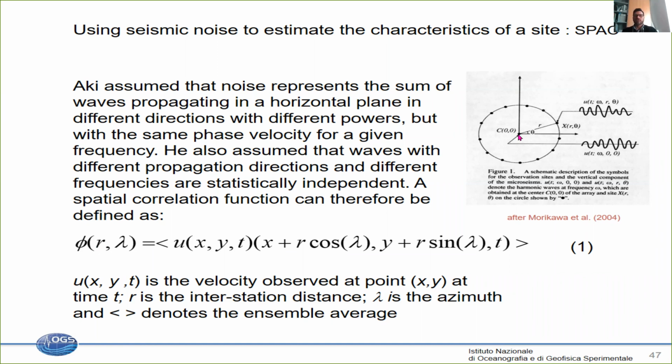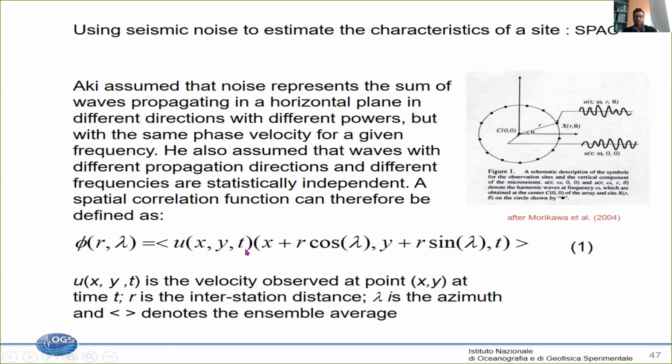For example, the sensor here in the center and the sensor here at position X, which are at distance R. Lambda is for a certain azimuth, here it's called theta, but okay, we can call it lambda. So it was just the correlation of a signal recorded at this point with a signal recorded at another station.